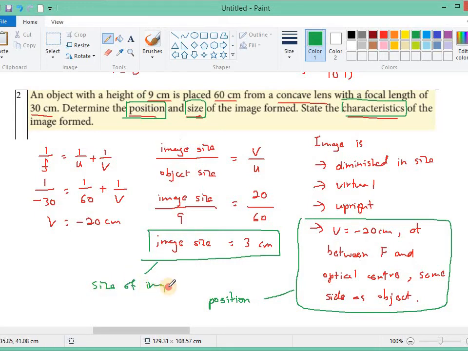Size of image. And then the characteristic. All of this is the characteristic of the image. Okay, so we fulfill everything that the question wants.